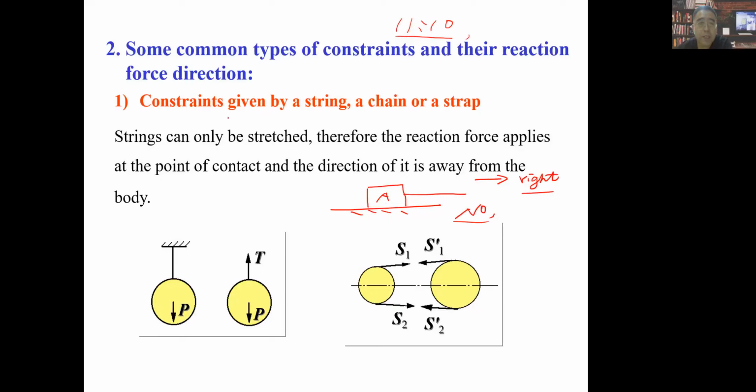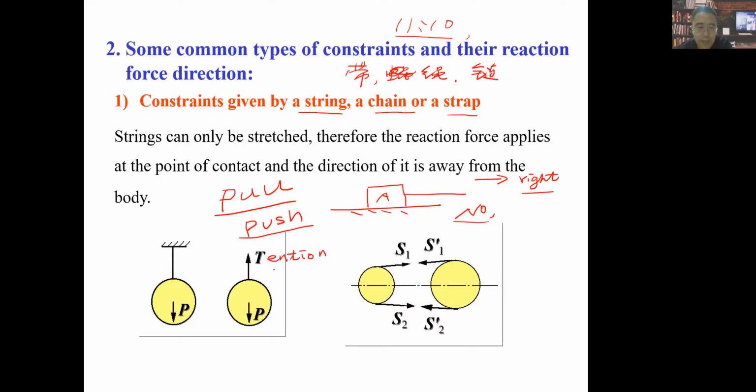That means a constraint given by a string, a chain, or a strap, in Chinese we always call that 绳子, 链条, all these kinds of things, is deformable. It can only pull, never push. Can you understand? It only can have this direction, and you can think that T means tension.